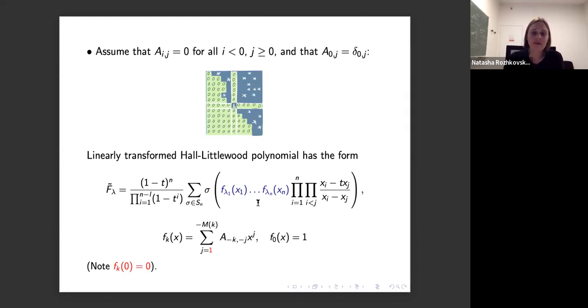Nevertheless, our linearly transformed Hall-Littlewood polynomials are different from Hall-Littlewood polynomials by this part. And if you look around, you could see that this kind of modification of Hall-Littlewood polynomials appears very often in different parts of mathematics. It's quite common that people have to change this part because they count something.